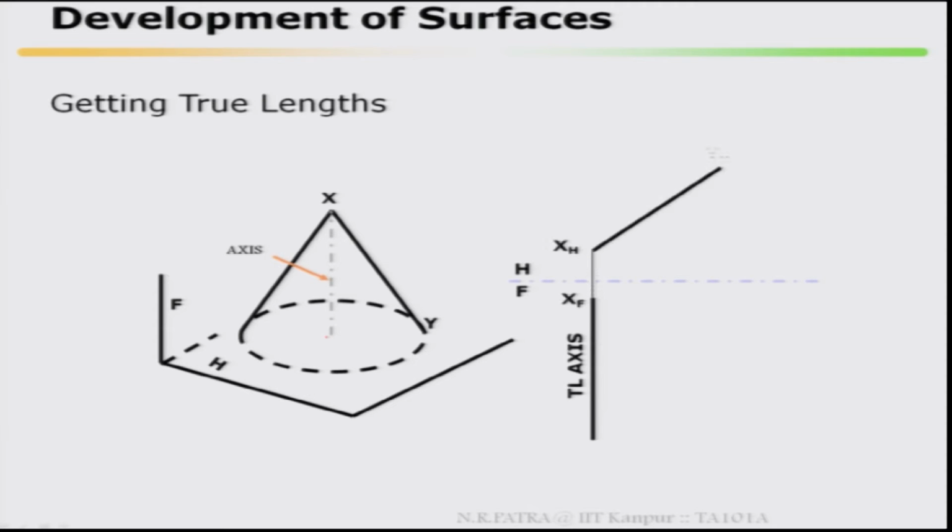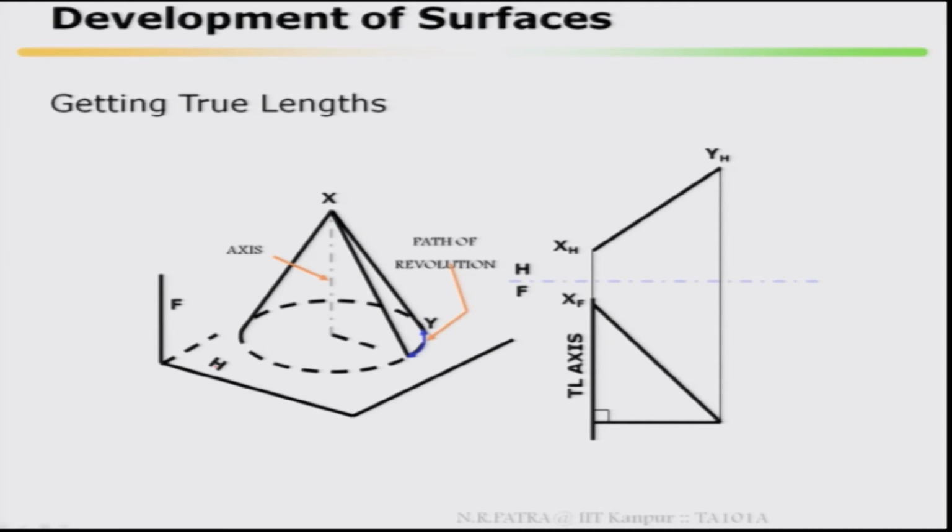If I look at this true length axis, then it has been rotated, path of revolution, it will start from here to here, then this is your path of revolution, then join it, YR has been marked, then measure the theta h, then here YF will be there in the front view, then this will be rotated, then you get YHR in the top view, then project it back in the front view, and this is your YFR. So, this is your theta h and this line is your true length.